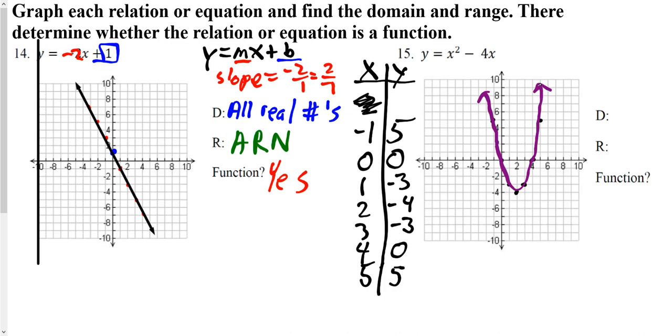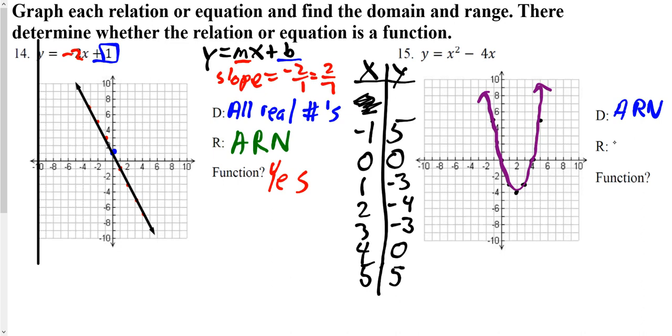Now, your domain. Your parabola, if you would extend it, would eventually go to the right forever and eventually go to the left forever. So your domain is, once again, all real numbers. Now, here, when we were looking at range, yes, it goes up forever, but it doesn't go down forever. So you need to look at it and say, how far down does it go?